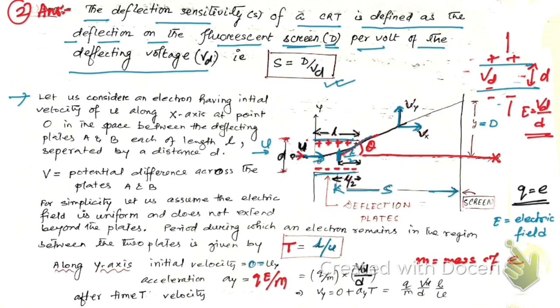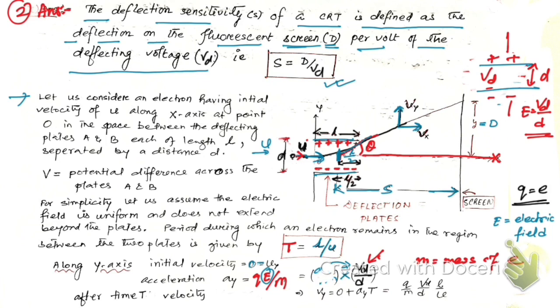And we have used this relation here. Instead of this E, we have put this value. So we have got q by m times Vd by d.